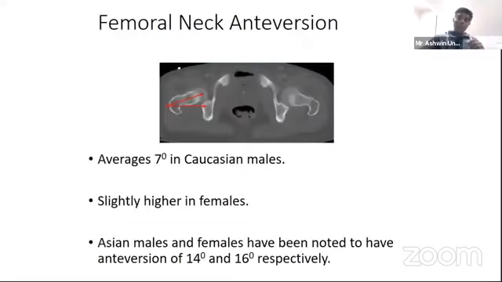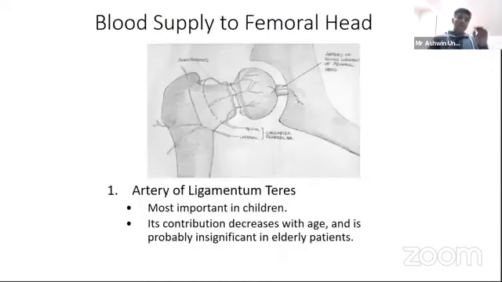Now, if you look at the anteversion of the hip, it's an average of 7% in a Caucasian female, and in a male, it comes to about 14%. I am talking mainly in terms of when you are asked a question in the FRCS or, as a matter of fact, in real life.